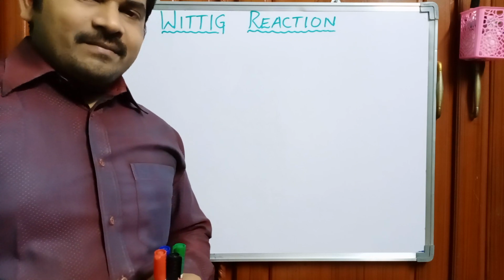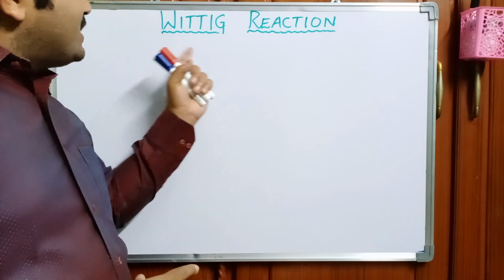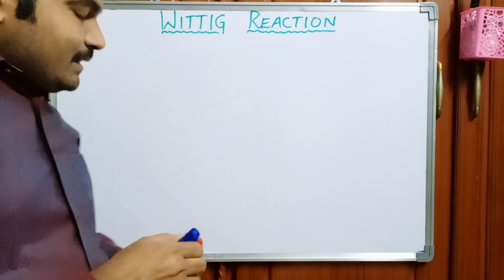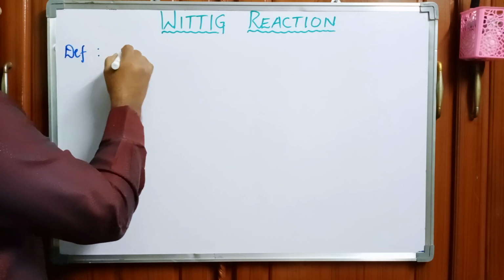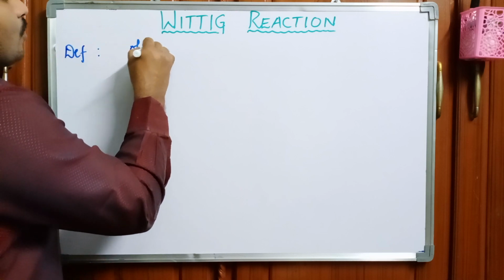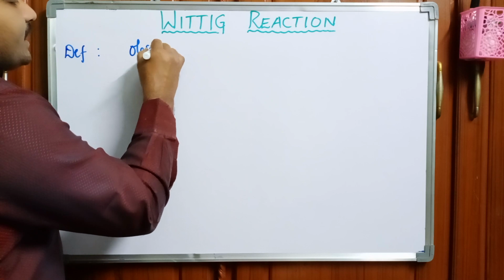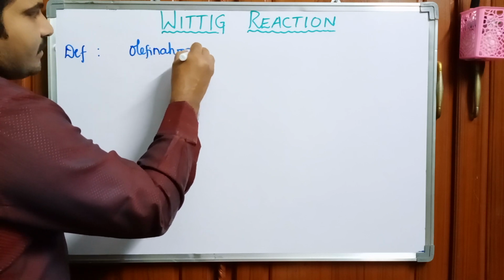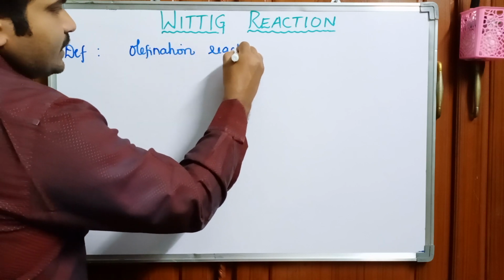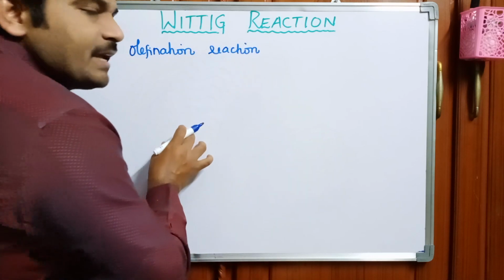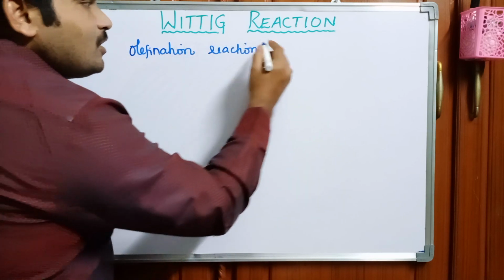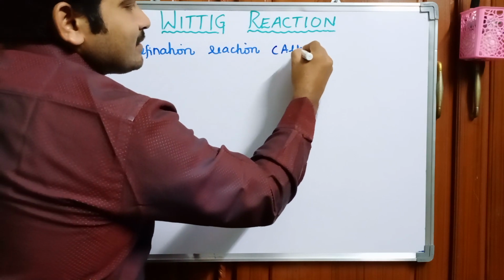Wittig reaction. Okay, let's come to what this Wittig reaction is. This Wittig reaction is also called an olefination reaction. It is one type of olefination reaction. What do we mean by olefination reaction? Olefins are also called alkenes.